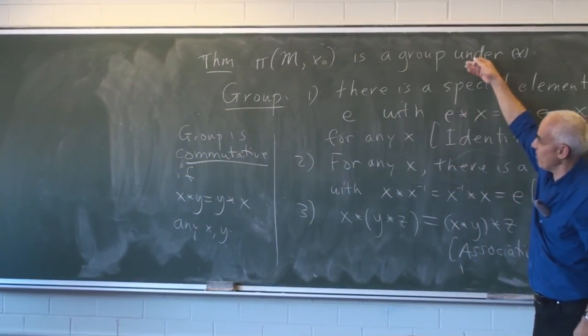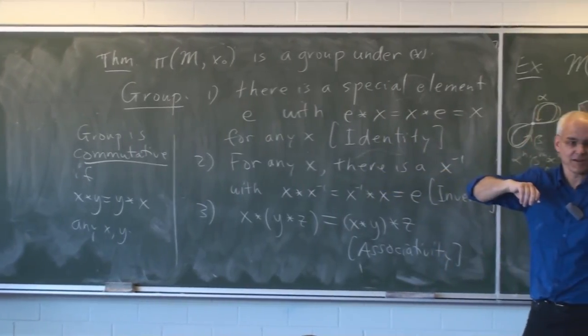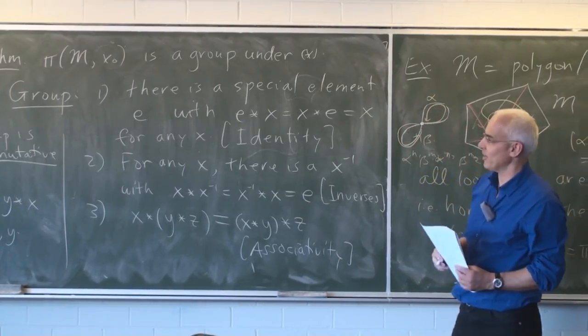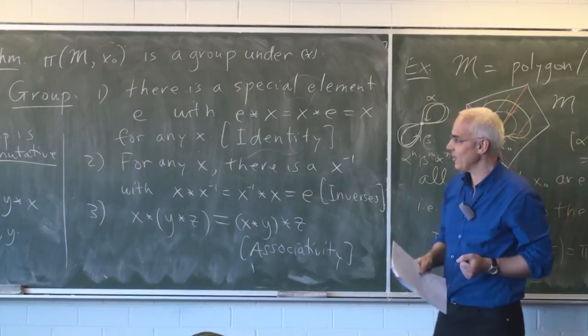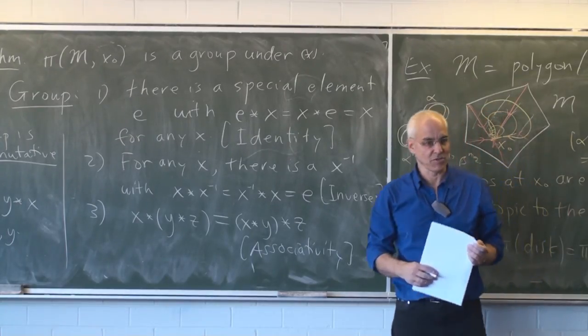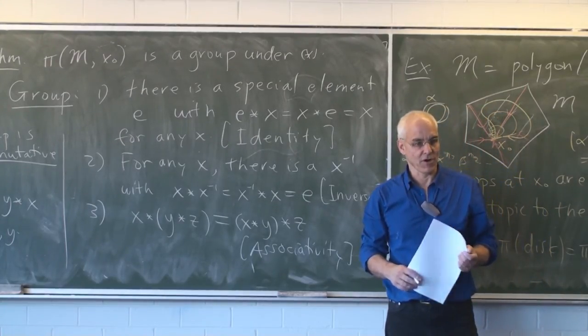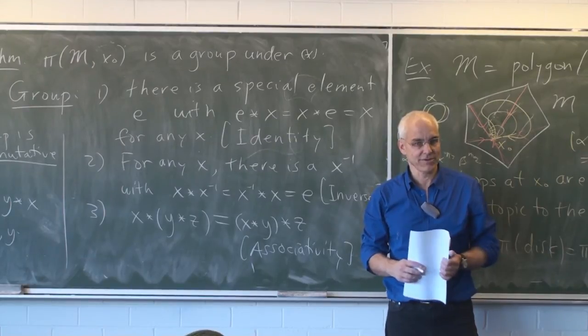And so the main fact here is that this multiplication of loops on a surface is actually a group. And so that's going to be our first order of business for our next lecture, and I'll see you then.